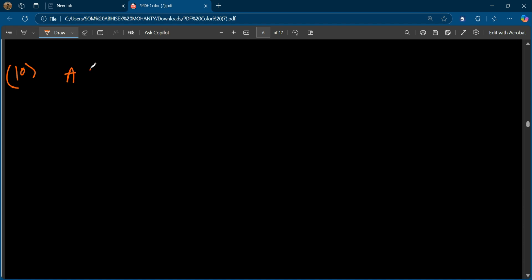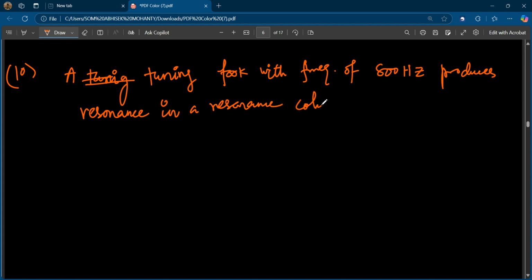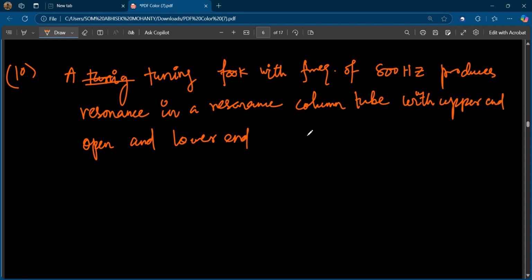A tuning fork with frequency of 800 hertz produces resonance in a resonance column tube with upper end open and lower end closed by water surface.